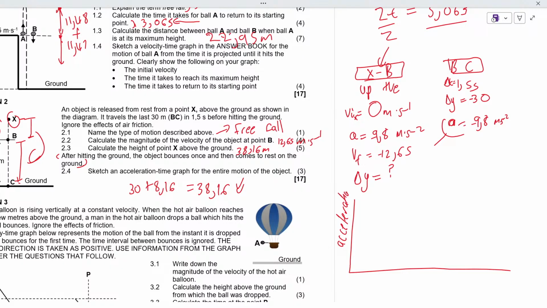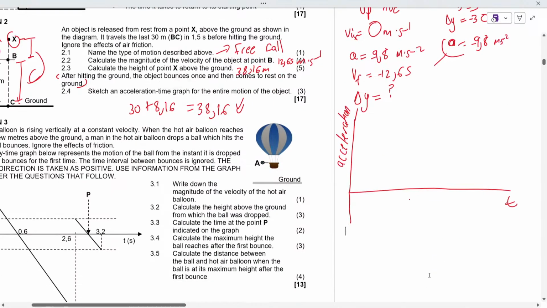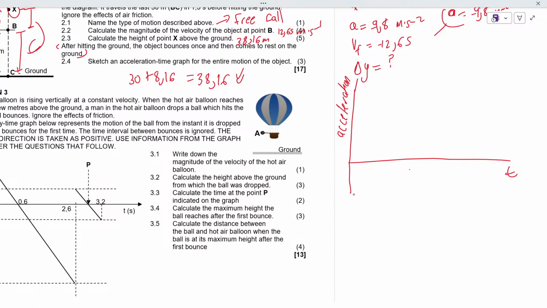I would prefer to draw velocity, and velocity is the one that I think is straightforward. So we are going to choose upwards as positive.